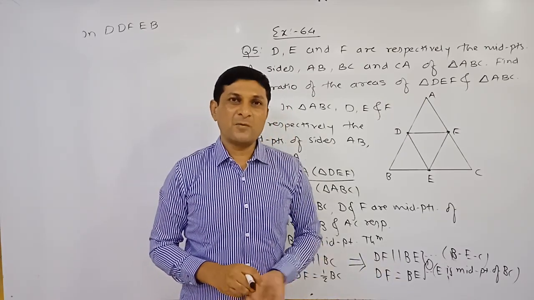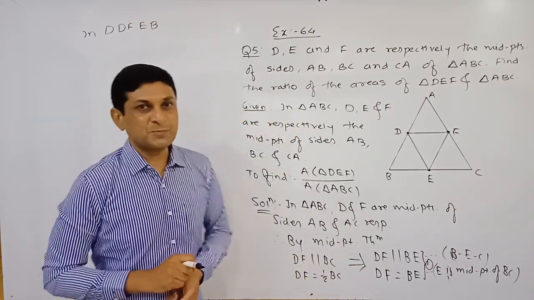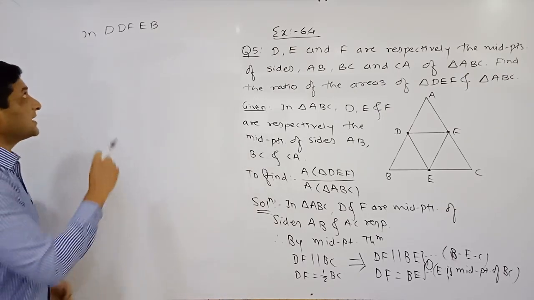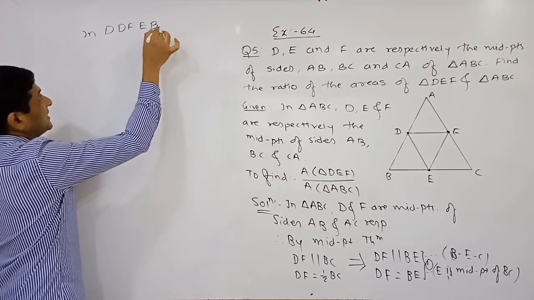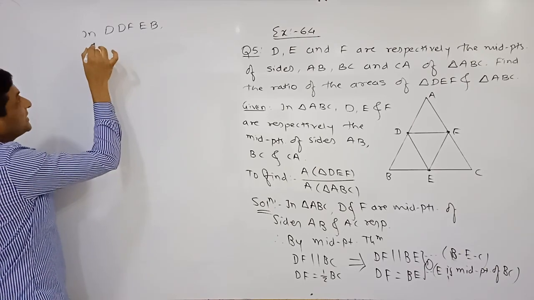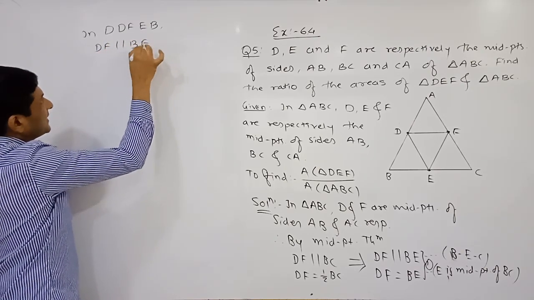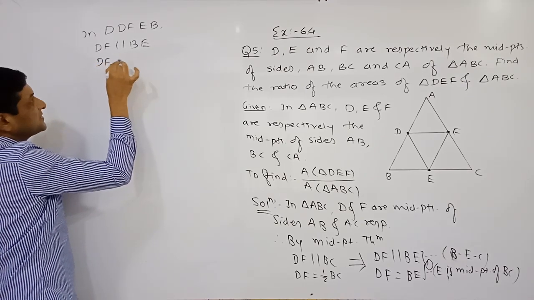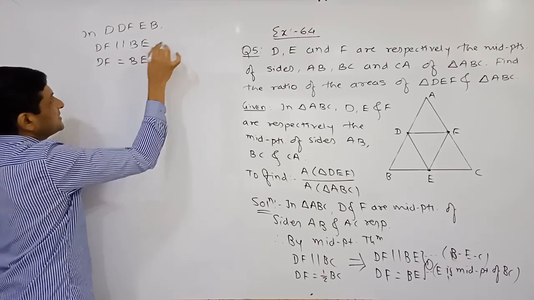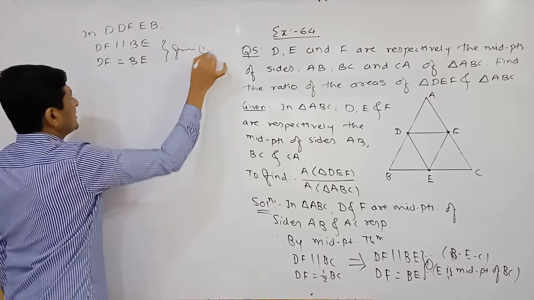And we know that in a quadrilateral, if one pair of opposite sides is parallel and equal, then that quadrilateral is called a parallelogram. So in this quadrilateral, we can say that DF is parallel to BE and DF is equal to BE. All these results we have got from equation number 1.